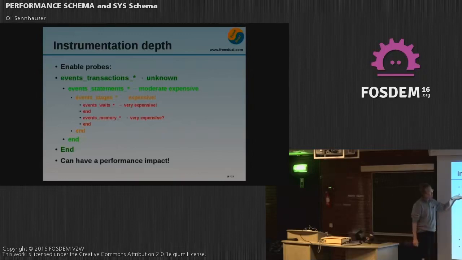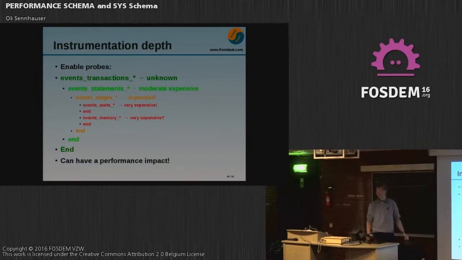So the deeper you go into this hierarchy, the more expensive the probes become. So you should be careful to enable the red ones. Otherwise the database could be slowed down. And I'm pretty sure the guy told me the performance schema was 200% slower than normal without the performance schema enabled, after enabling some probes here. So that makes the kernel, the database kernel, slow.